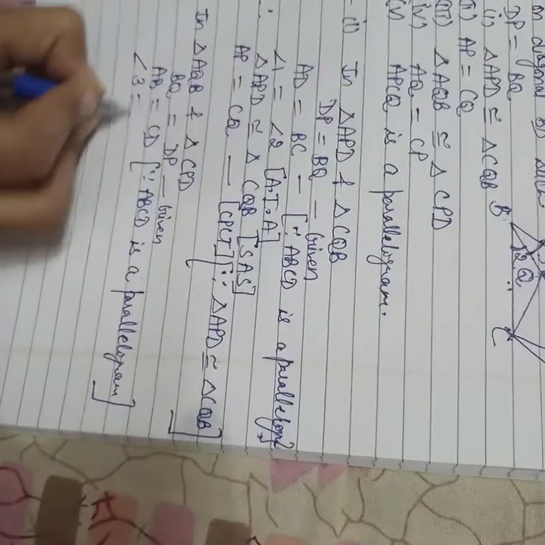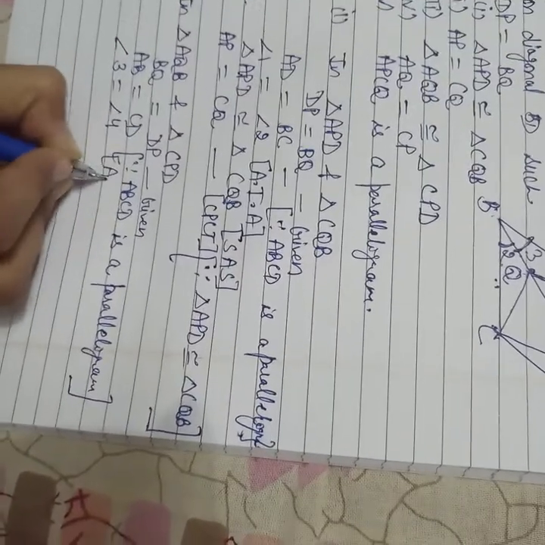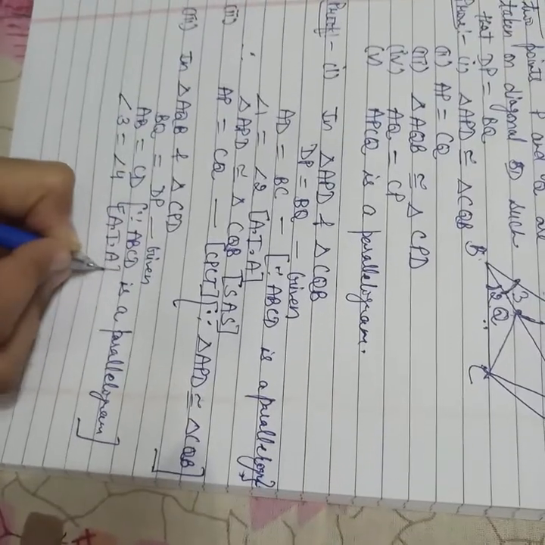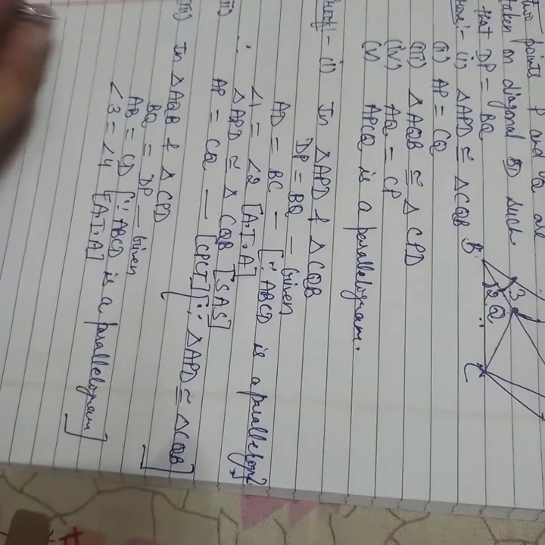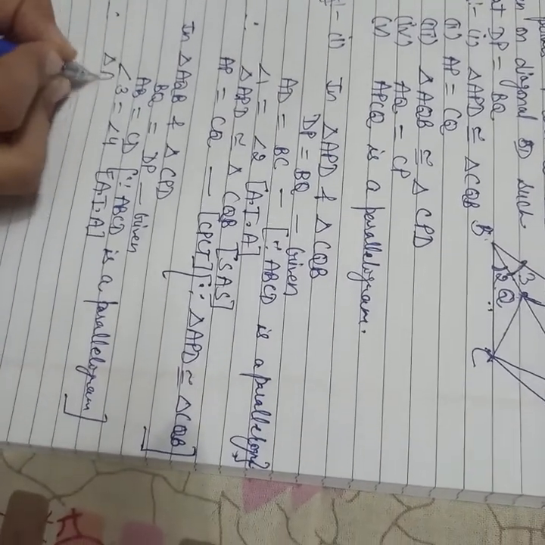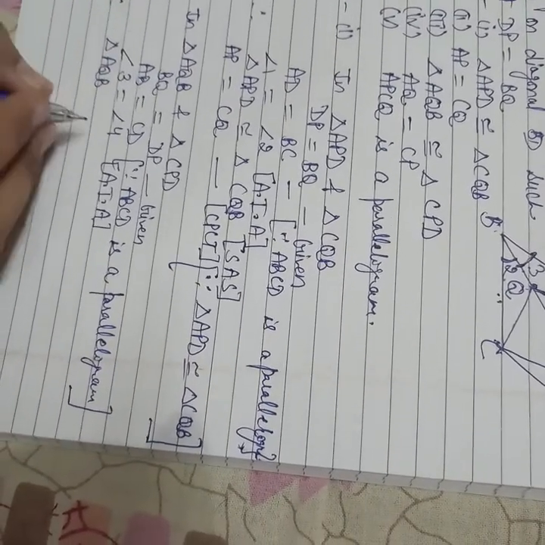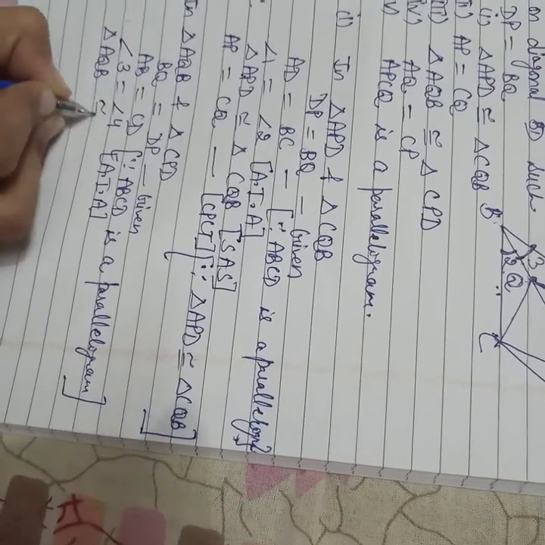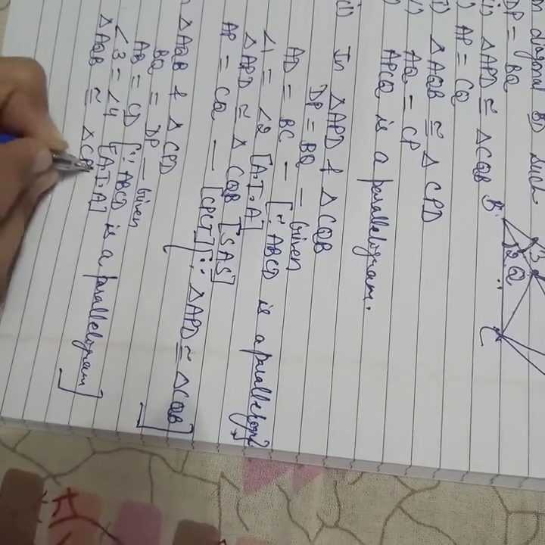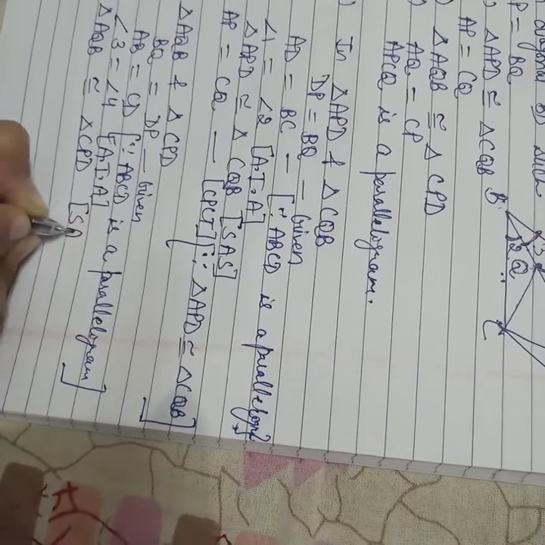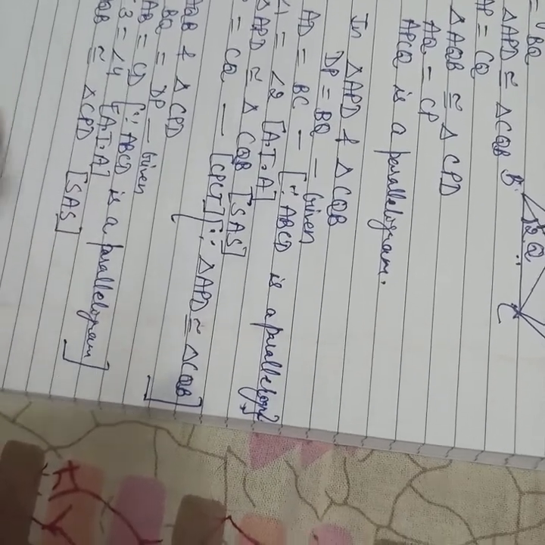Angle 3 equals angle 4 by alternate interior angles. Therefore, triangle AQB is congruent to triangle CPD by side angle side.